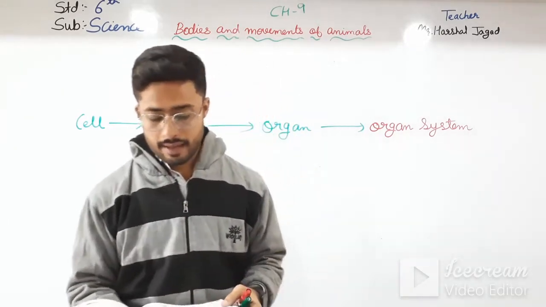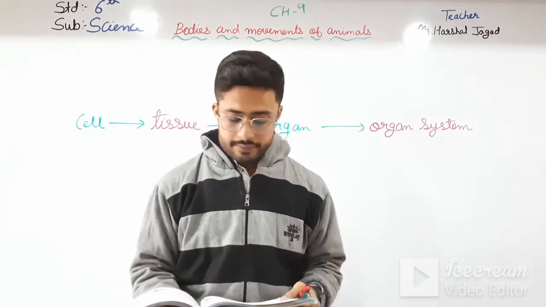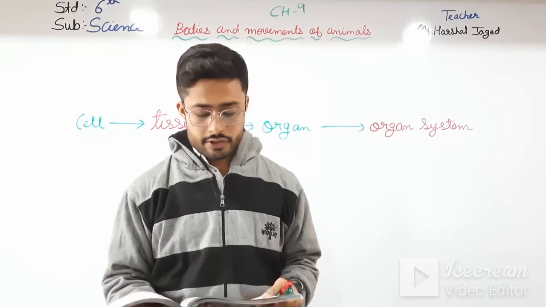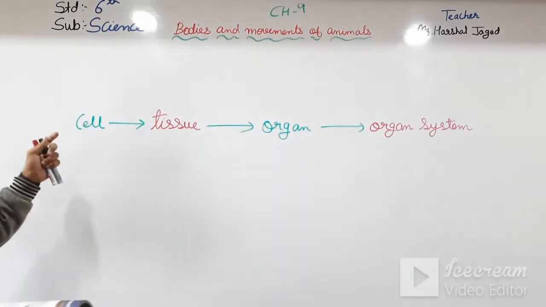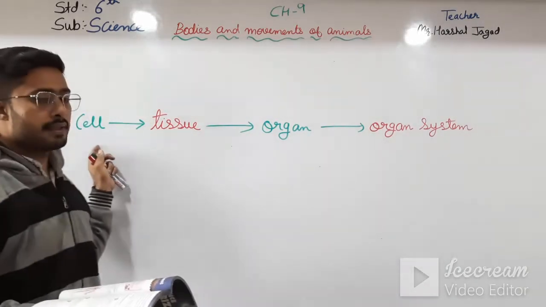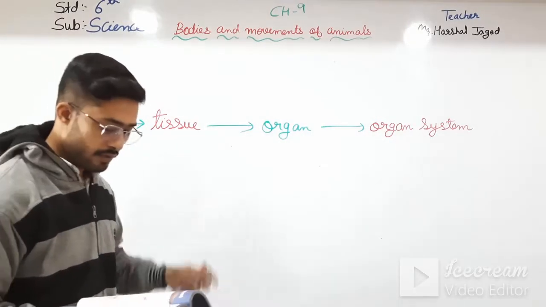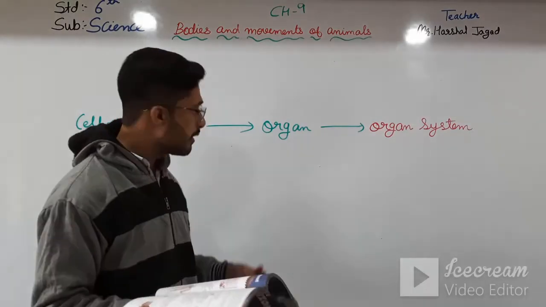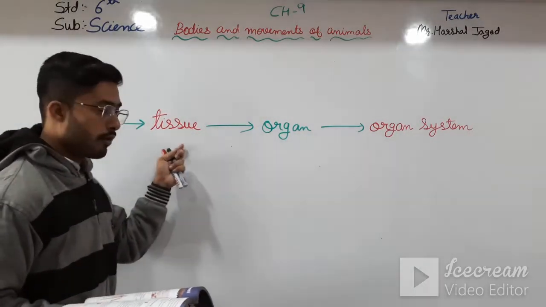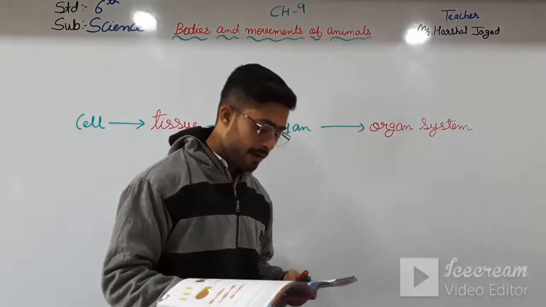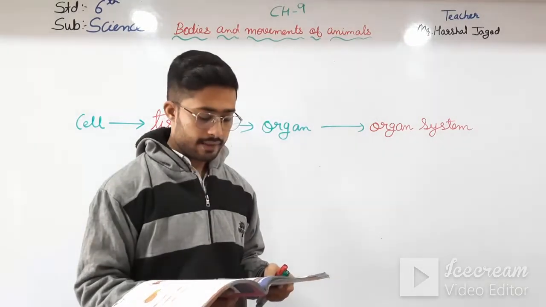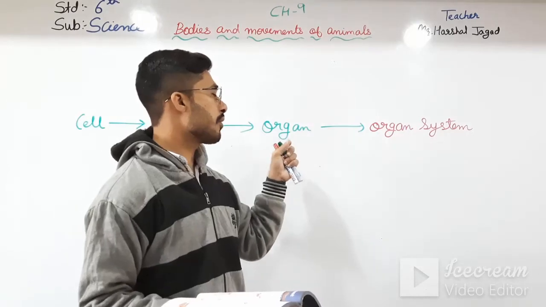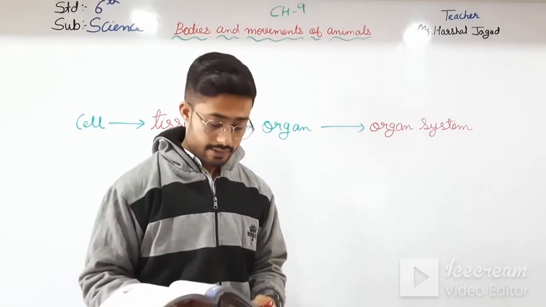It is written here: a group of similar cells forms a tissue, a group of tissues working together forms an organ, and different organs working together to carry out life processes form an organ system.